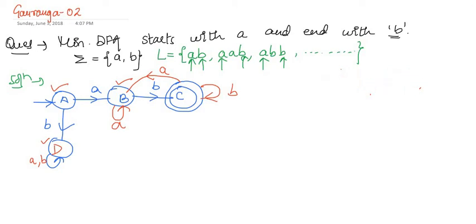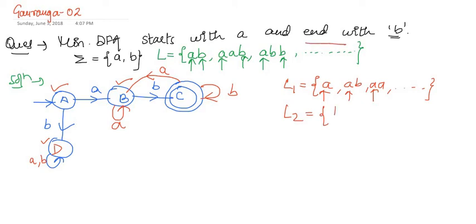That means we can write the language like this: in the first part we write the language which only starts with A. We do not care what comes after, but we are only focused that the language starts with A. And the second part ends with B. So that can be B, A, B, B, B, A, B, whatever. So infinite. If we concatenate these two languages, then our required language will come.